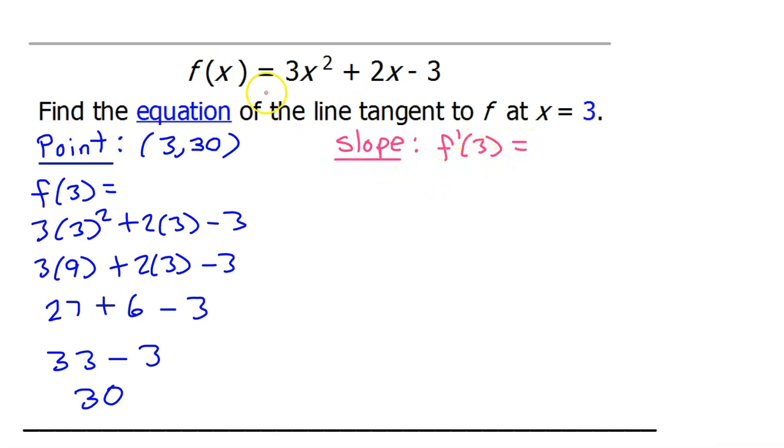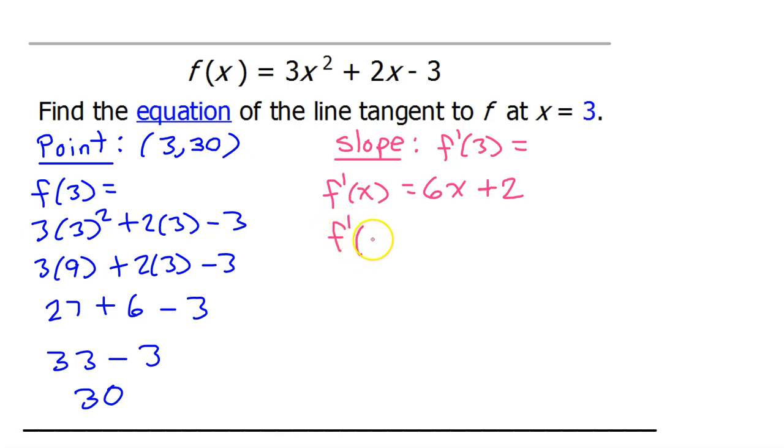First we need to find f prime. So f prime of x will be, I think we already did this, 6x, the derivative of 2x is 2, and the derivative of a constant is 0. So this is f prime, and we need to find f prime at 3.